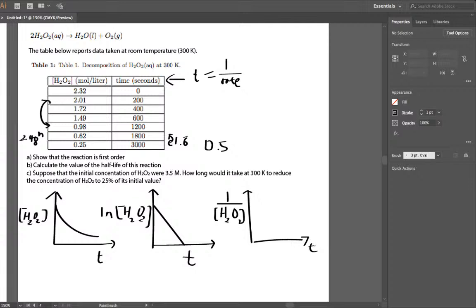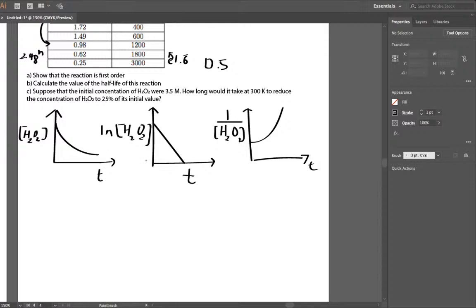So what I got, if you plot it against time, it would be something like this. It's not a straight line, so it is ruled out. So from this fact, we have found that it's a first order. That's why we love graphs.